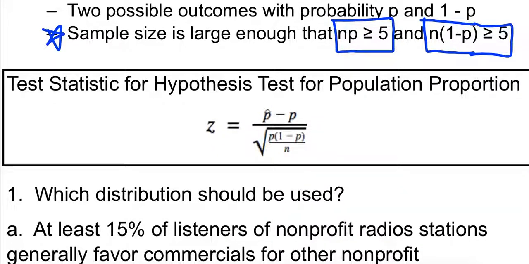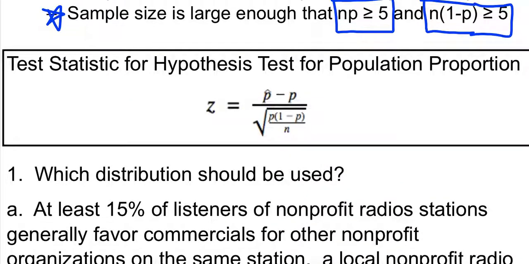When we do this, we're going to calculate a test statistic. So we have a new formula for finding our z. When we're doing population proportions, there's no sigma involved, so we always get to use z. So you don't have to decide do I know the population standard deviation? Doesn't matter. Okay, so z is going to be p hat minus p over the square root of p times 1 minus p all over n.